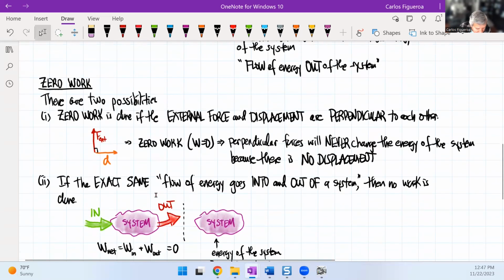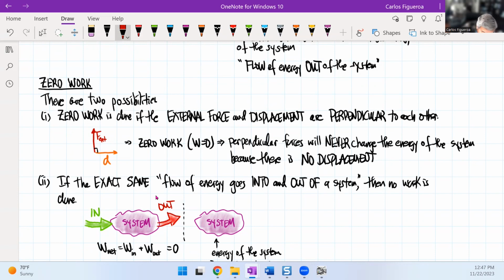But the situations we typically deal with, believe it or not, involve zero work. When I look at zero work, there are a couple of ways to think about it. One possibility is that zero work occurs when the external force and the displacement are perpendicular to each other, a 90-degree angle between these two vectors.